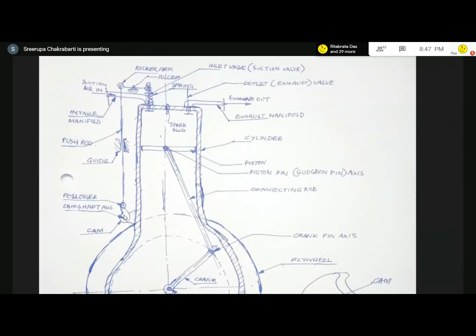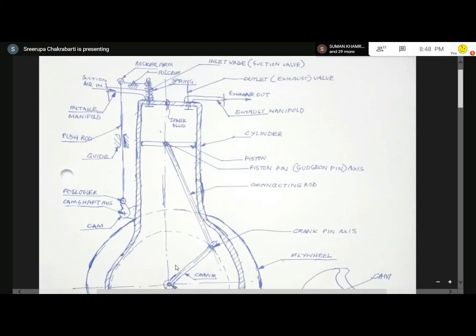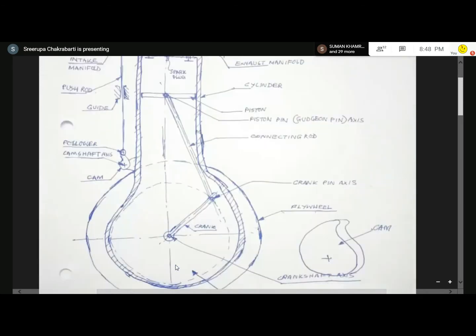If you have a multi-cylinder engine, 2-cylinder, 3-cylinder, 4-cylinder, 5-cylinder, 6-cylinder, or 8-cylinder, depending on the number of cylinders, the number of valves will be more. And for each valve, there will be one cam. One interesting point is that even if we have a multi-cylinder engine, we have got only one crankshaft.